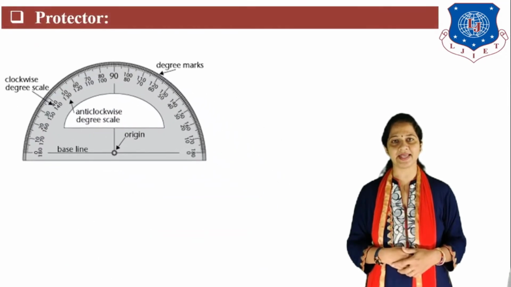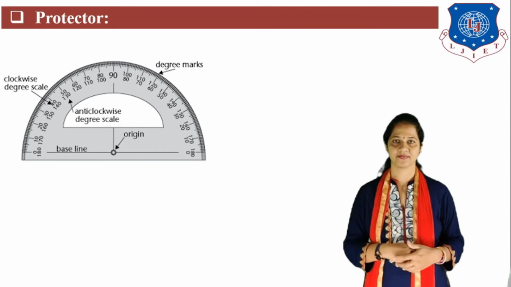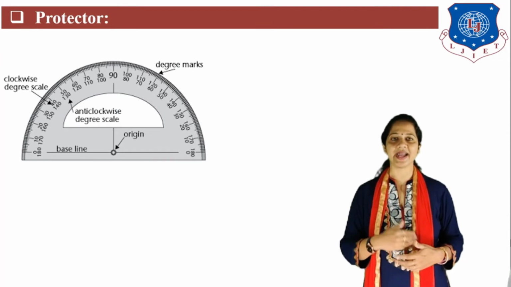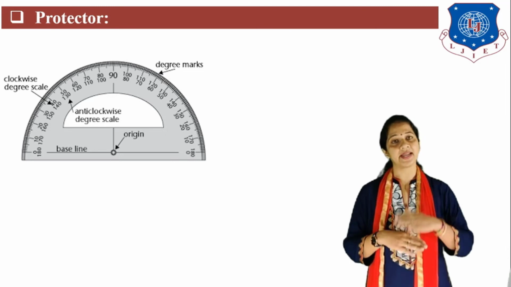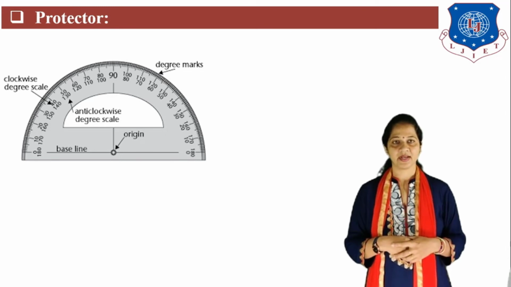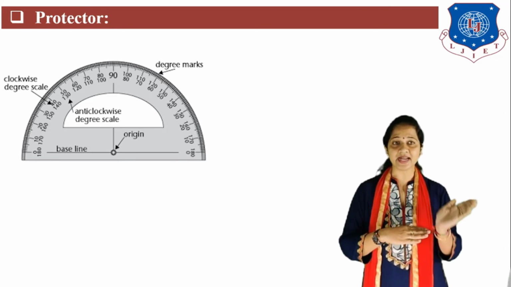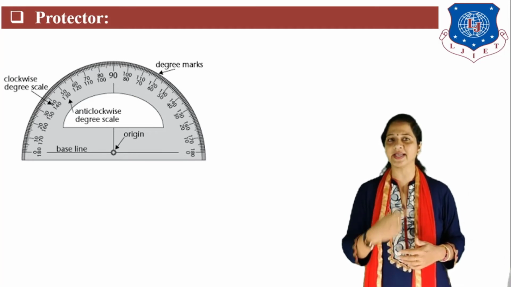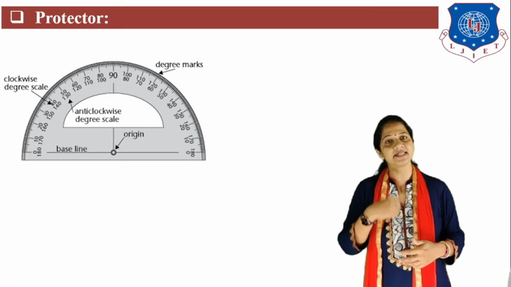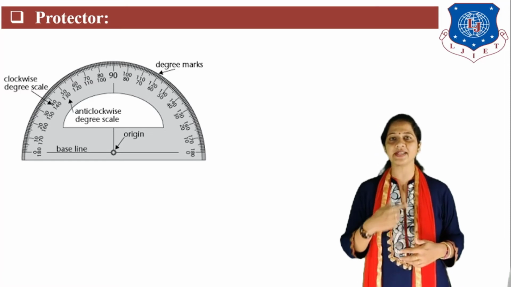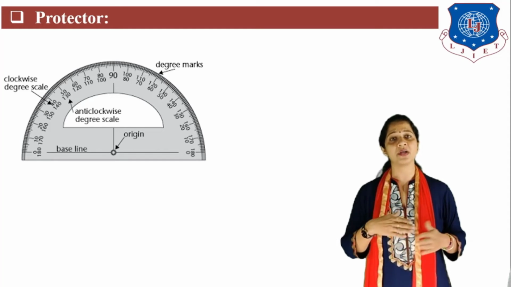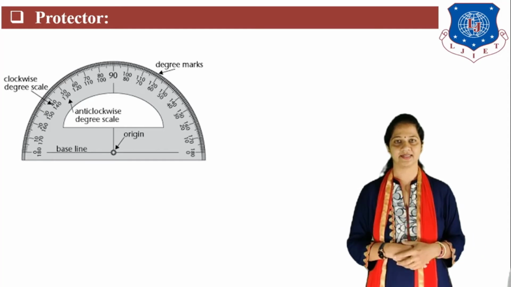Next instrument is protractor. Protractor is flat and semicircular in shape. Its circumference edge is graduated in 1 degree divisions and is numbered at every 10 degree interval and is readable from both ends.